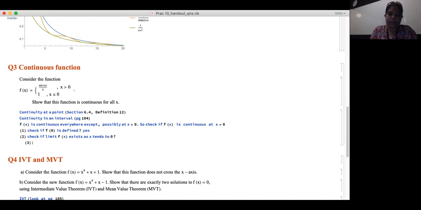The third one is to check if the limit equals f of 0. How do you check this one?